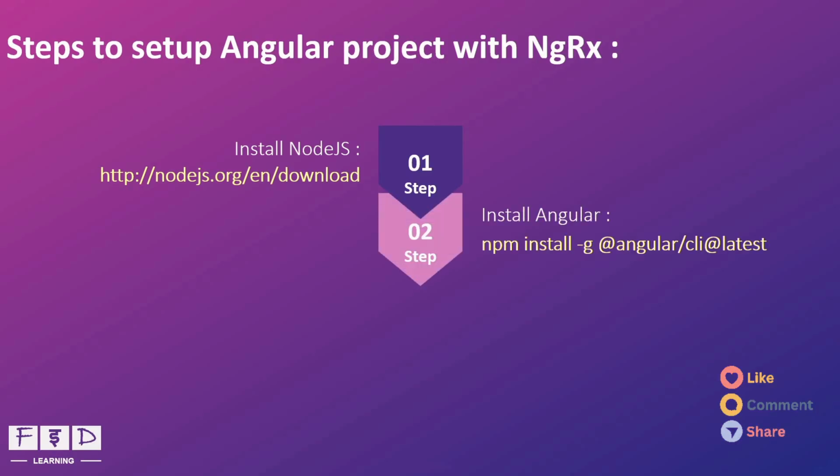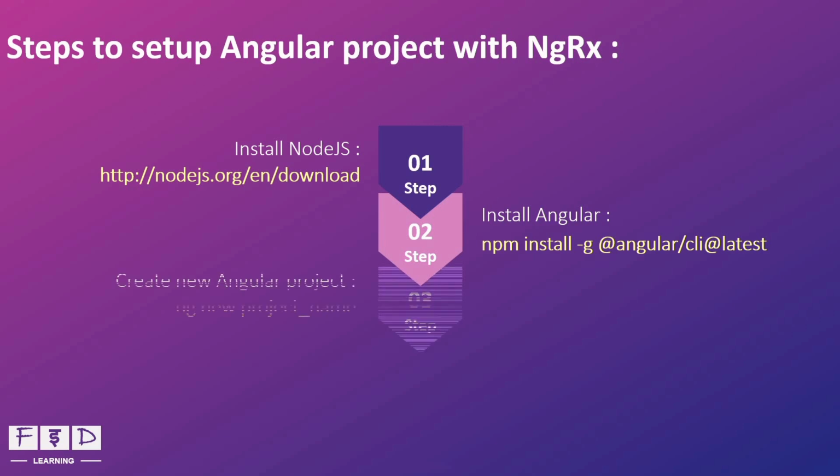Second step is to install the latest version of Angular using the command npm install -g @angular/cli@latest. Also, you can use the command npm install -g @angular/cli, which also installs the latest version of Angular. Next, third step is to create a new Angular project using the command ng new project-name.